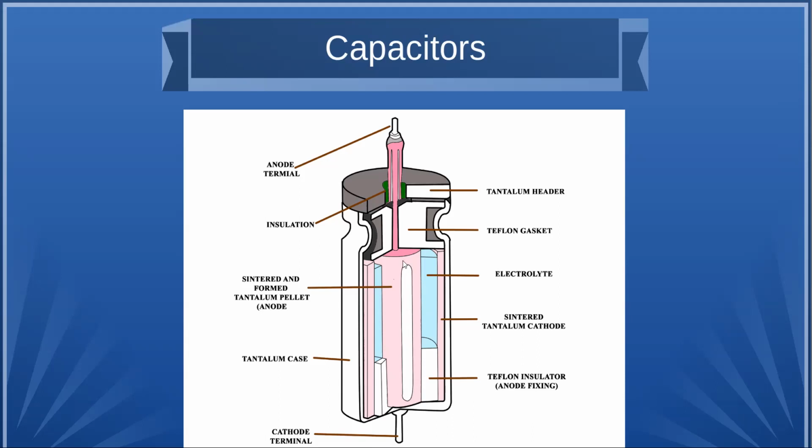This sintered means it's made up of ground tantalum that's sort of pressed together, so there's holes in it. It's porous. And then there's an electrolyte in there, and it is what actually carries the charge between the two. But that's typical to an electrolytic capacitor, not necessarily all tantalum. That's more modern.